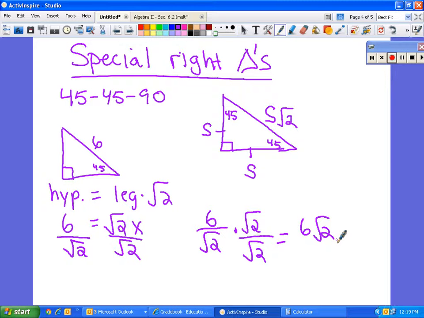And when I multiply the square root of 2 times the square root of 2, it gives me the square root of 4, which is 2. I can then simplify this and do 6 divided by 2, which gives me 3 square root of 2. The answer to the question is, if the hypotenuse is 6, each of my sides is 3 square root of 2.